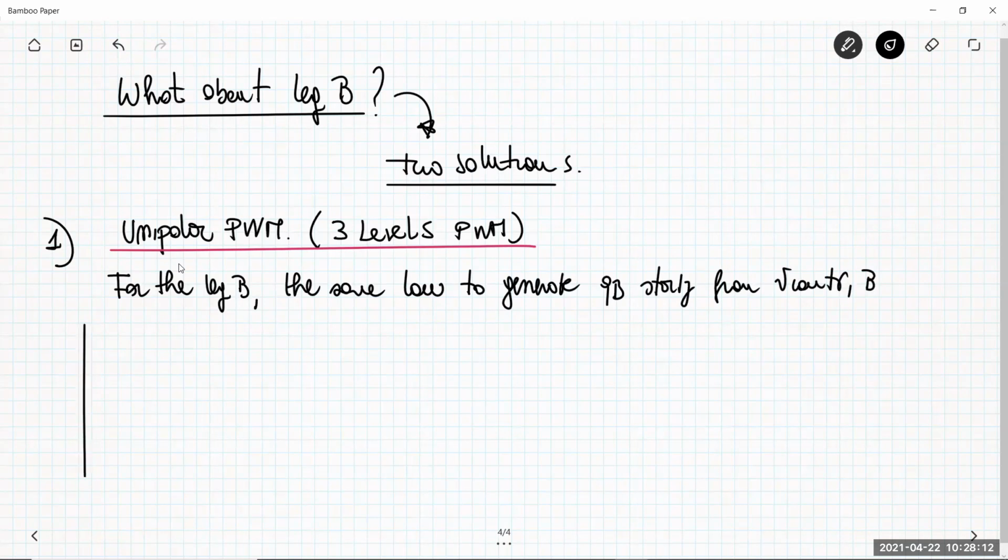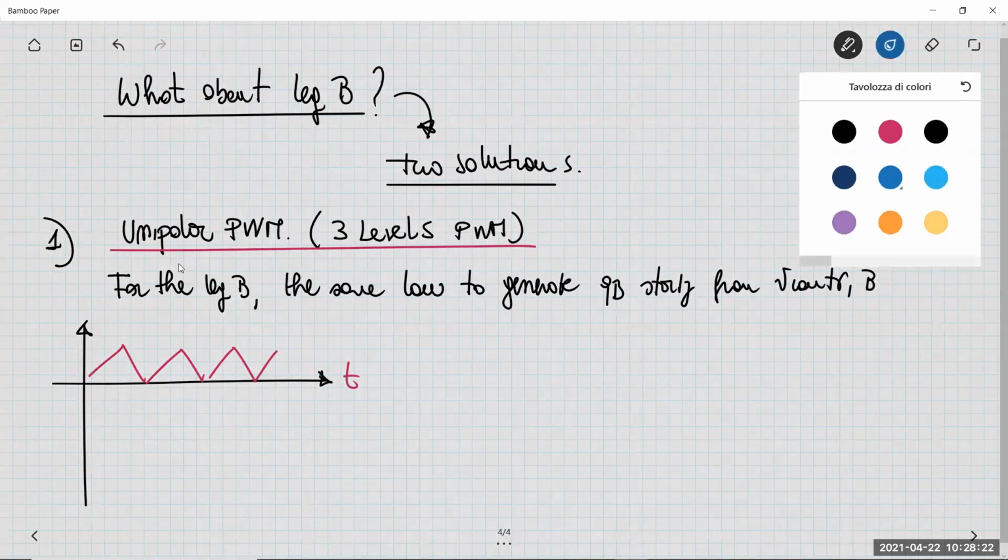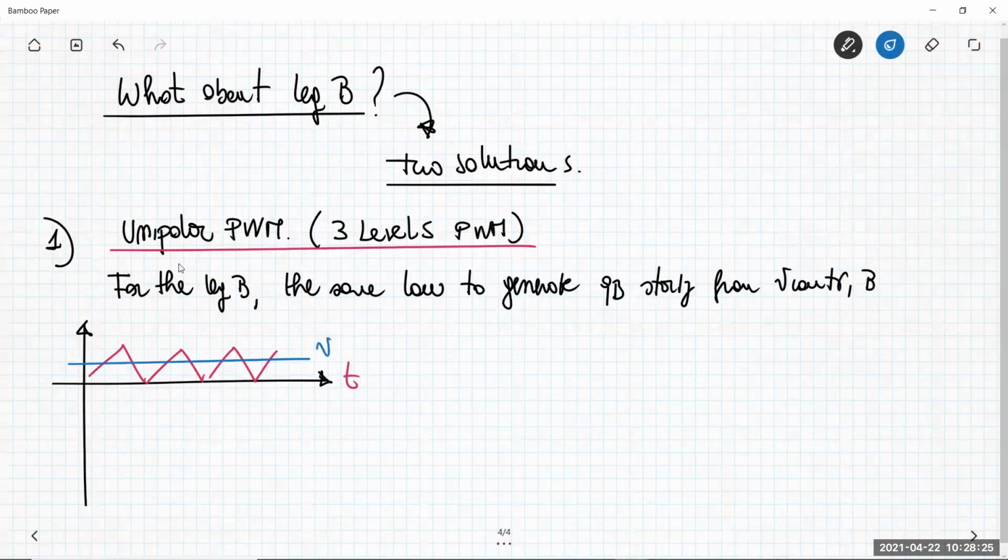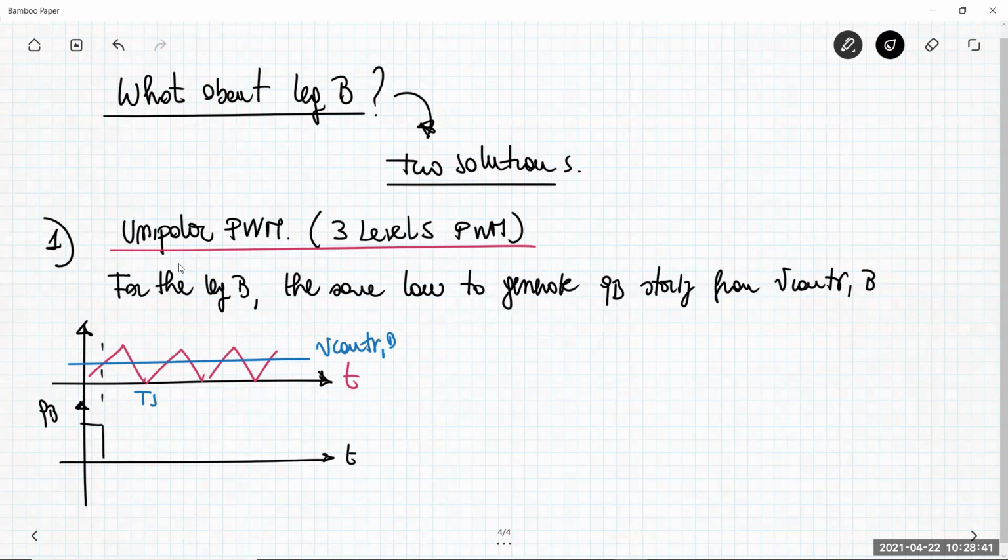That also in this case, I'm using a comparison that has the rule I defined before. We have V control B and a triangular waveform with period Ts. Ts is the period that I choose for my application. QB is provided in the same way. When the control voltage B is higher than the triangular waveform, then you get 1, otherwise you get 0.